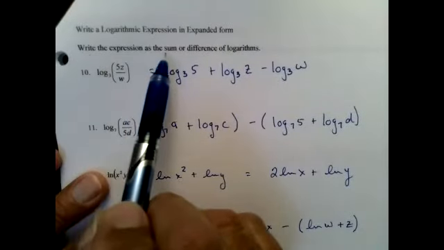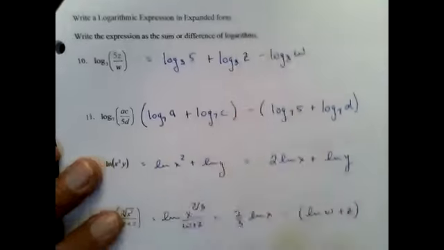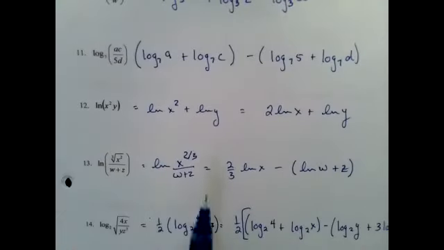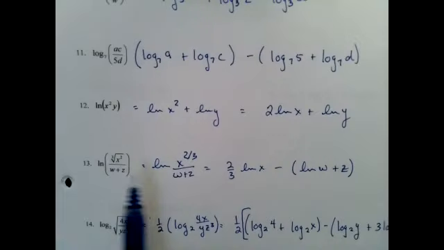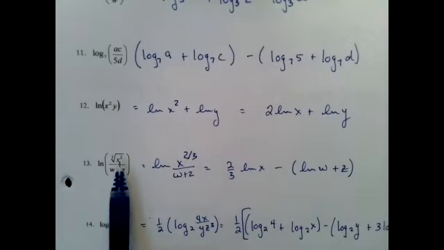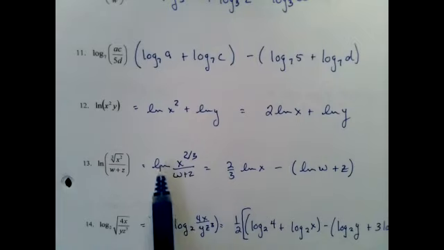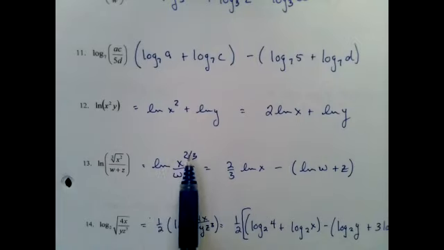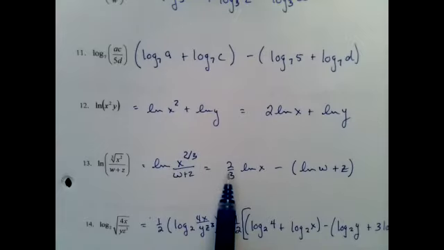Write the expression as the sum or difference of logarithms. The next one, I needed to do a little cleanup first. That becomes x squared, because it's x squared to the 1/3 power, giving me 2/3. So it's going to become my numerator, which is natural log of x, but I know I can swing that 2/3 around.